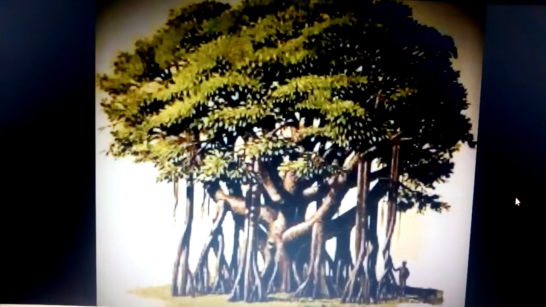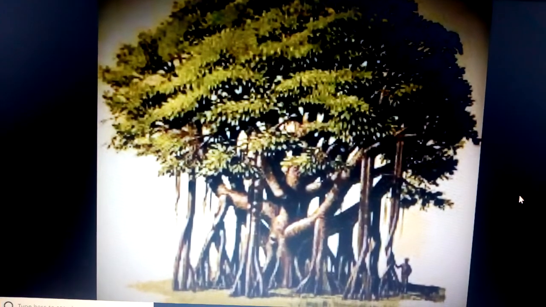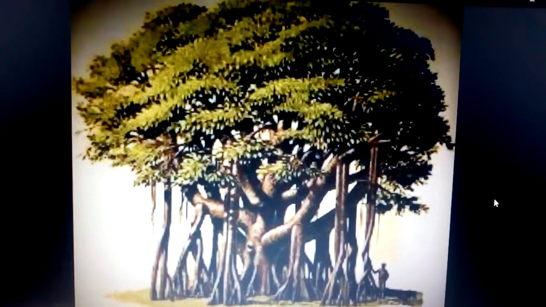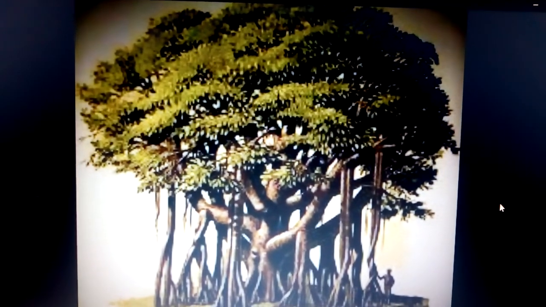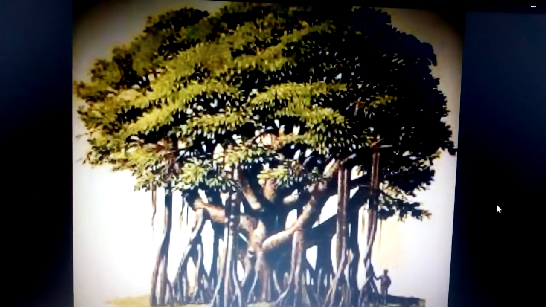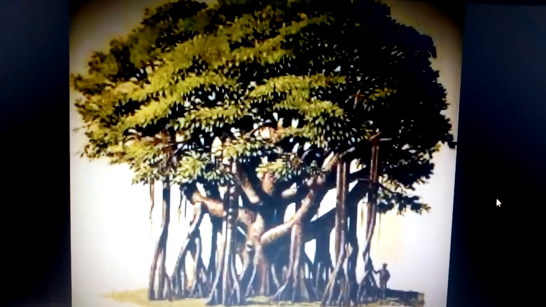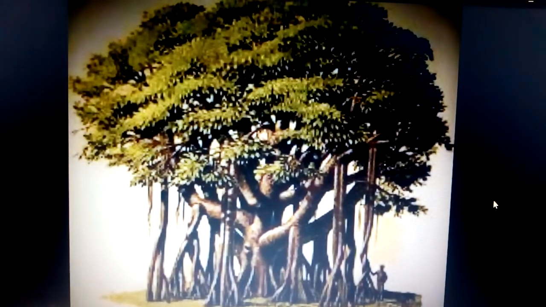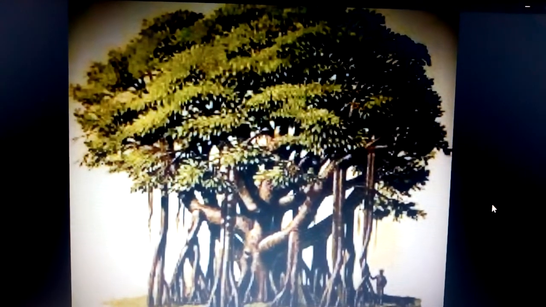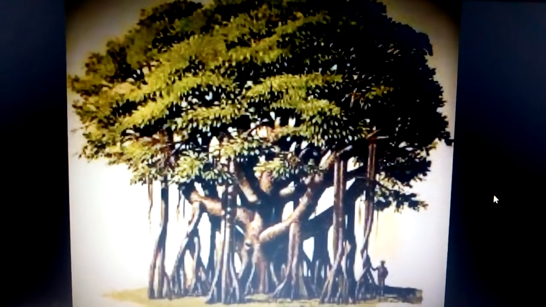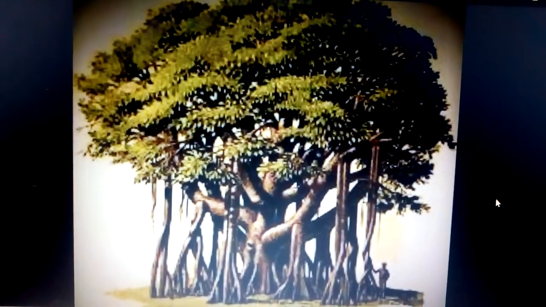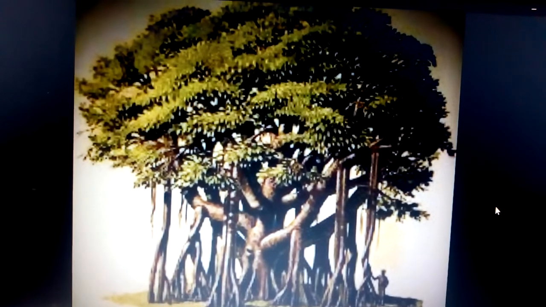With the help of these roots, the banyan tree can become stronger and more capable. Generally we have seen roots under the soil, but we see this type of root above the soil.